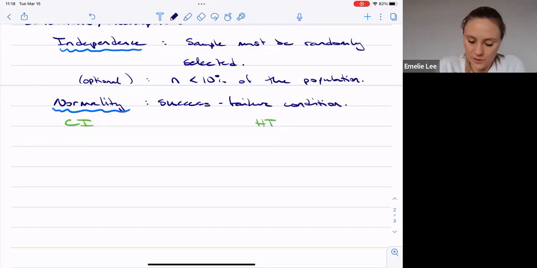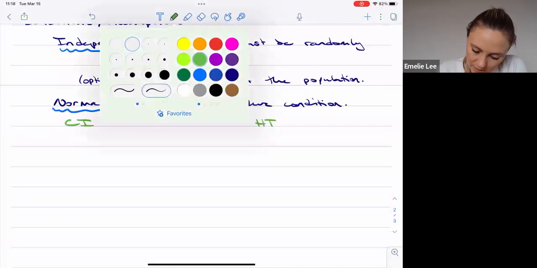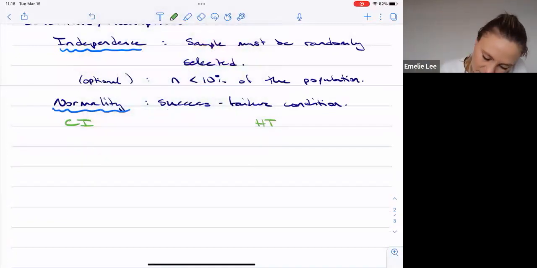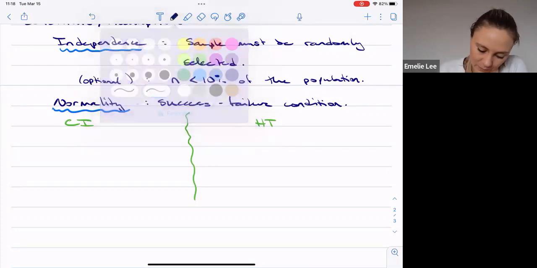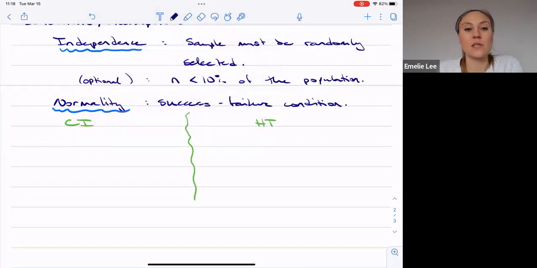Okay. So I'm going to break up my page here a little bit, and maybe I should not make that squiggle before I write anything, see if I have any room, but we'll try this. So the success failure condition for normality, if you're doing a confidence interval, is what?